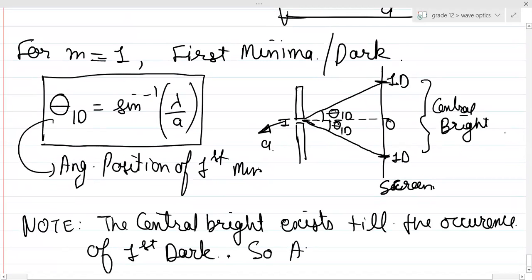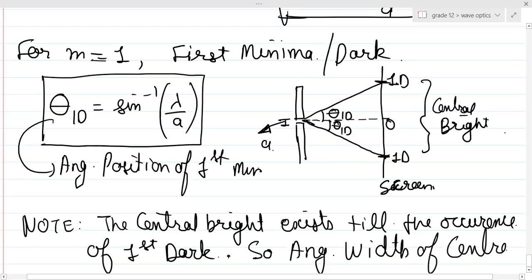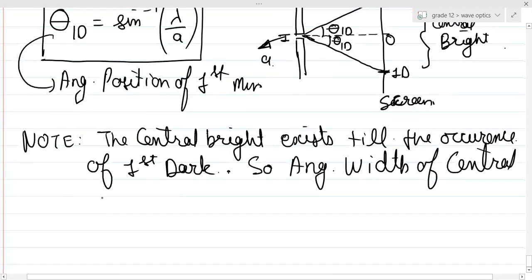So if someone asks what is the angular width of the central maxima, then our answer should be equal to twice of theta 1 dark. Is it clear?